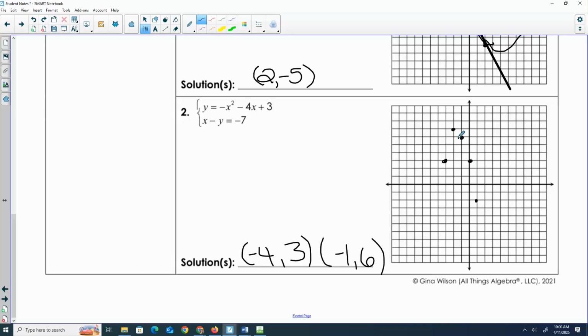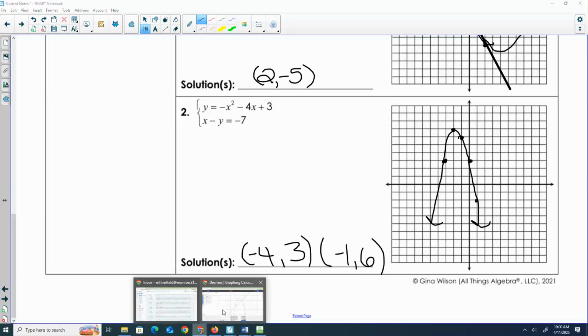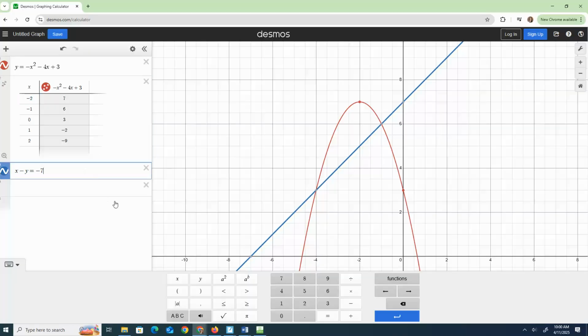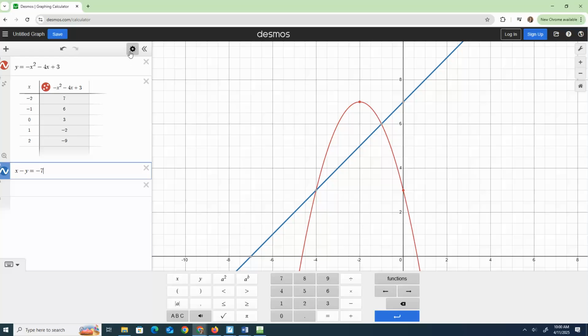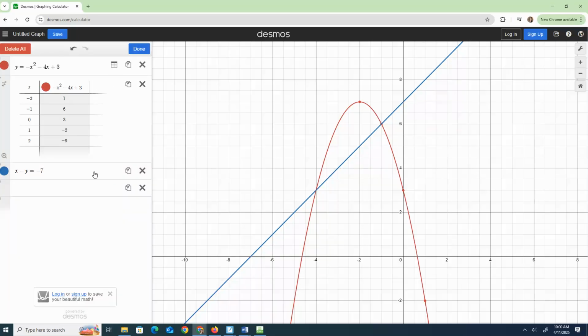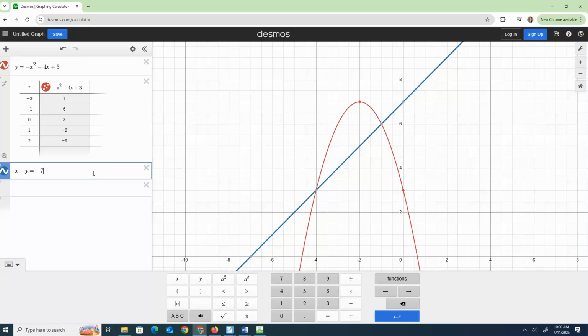Okay, so if I plot those, between those points and Desmos, I can get a pretty good idea. There's the first one. If you go to the second one, okay, if I click it, and then I can get my table for that one, then you can get those points as well.